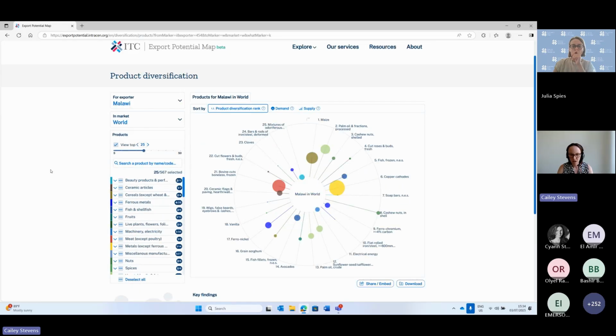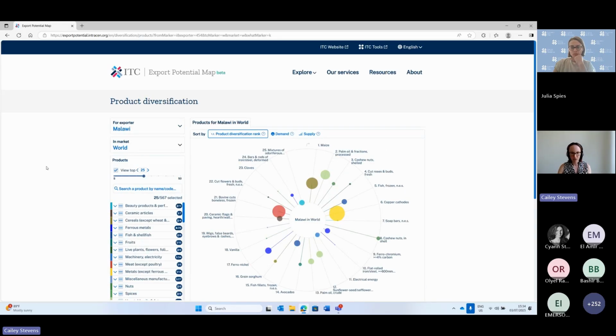Okay. So now I want to talk about the model behind product diversification. The product diversification model, like the export potential, looks at supply, demand, and ease of trade. Demand and ease of trade are calculated in the same way as for export potential.